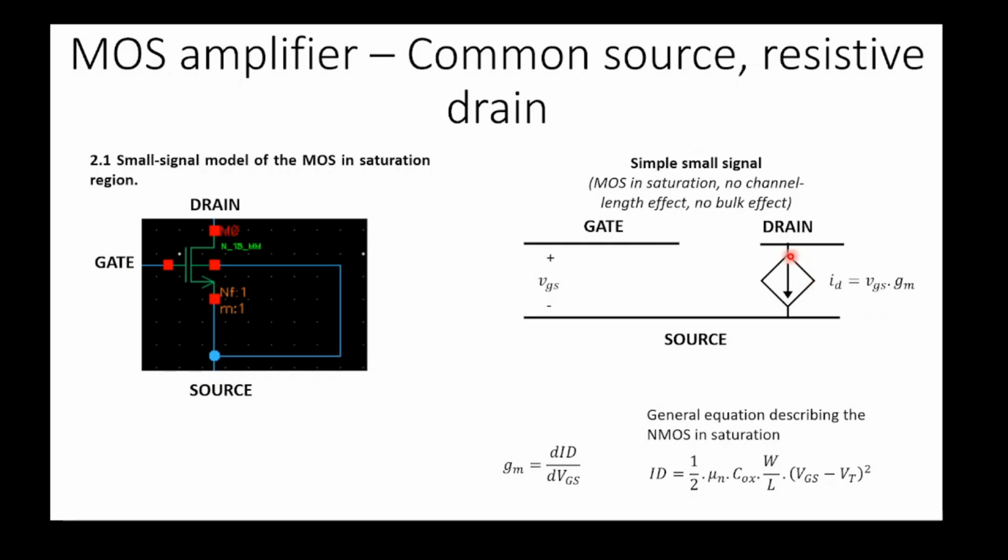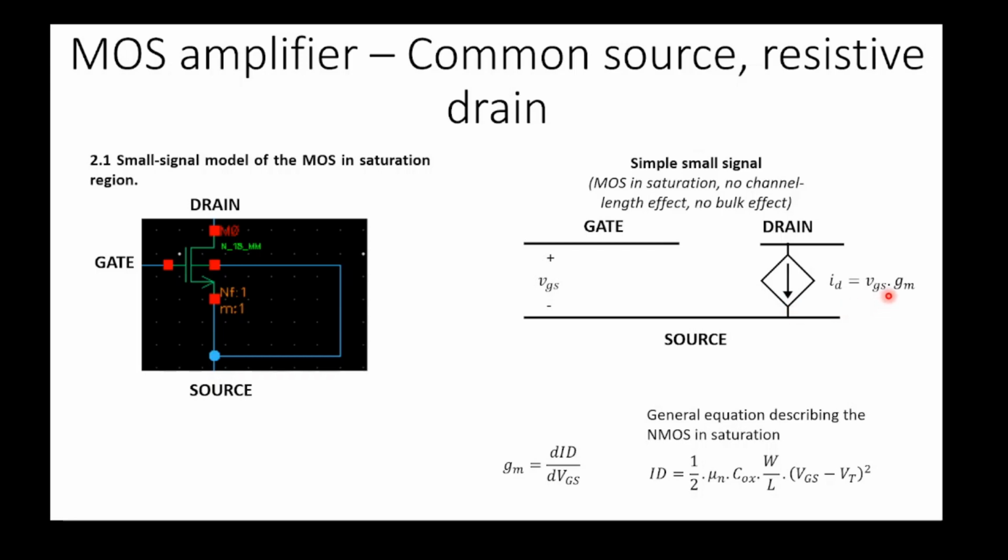And the direction of the drain current: if you look at the symbol, you can see there's an arrow directed from the drain to the source. That's why in our model there's also the direction from the drain to the source.